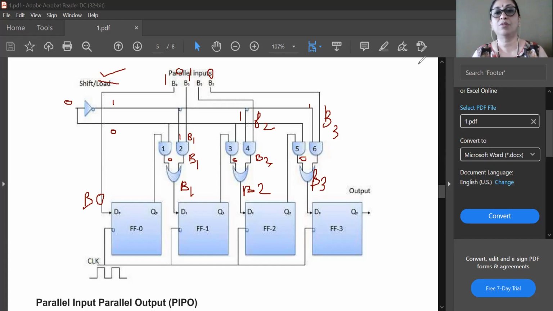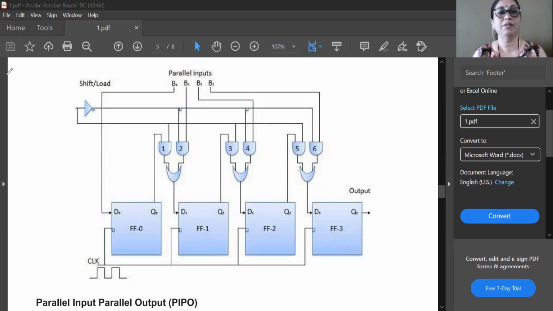Okay, so first of all I will clear all these drawings, and let us now see what happens when this shift/load line is at logic 1. So this lower line becomes 1, and the upper line becomes 0.